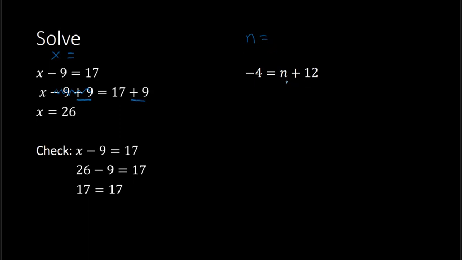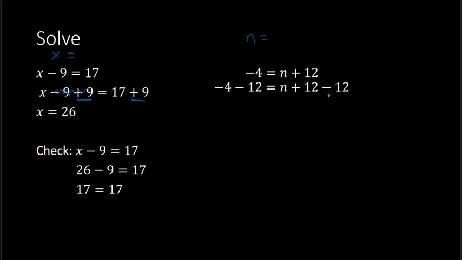So here the n is on the right side. I'm doing the same thing. I need to get rid of the 12 by doing the inverse operation, and that will move the 12 away from the n, so n is by itself. So what is the inverse operation of adding 12? Well, that would be subtracting 12.